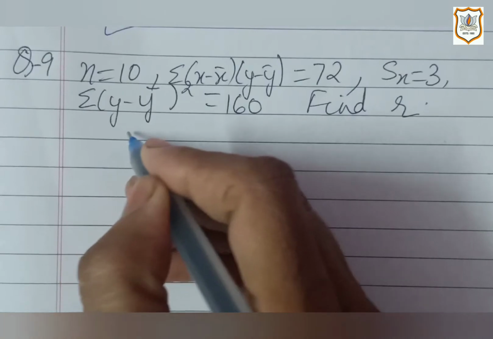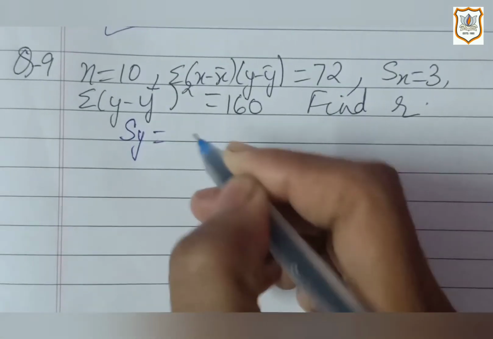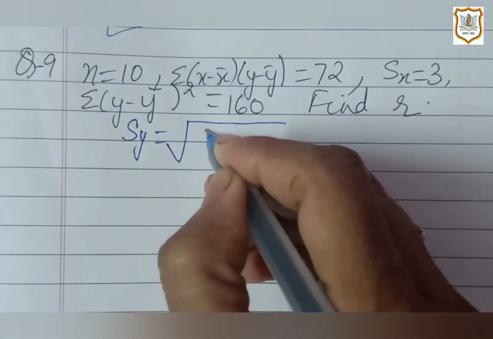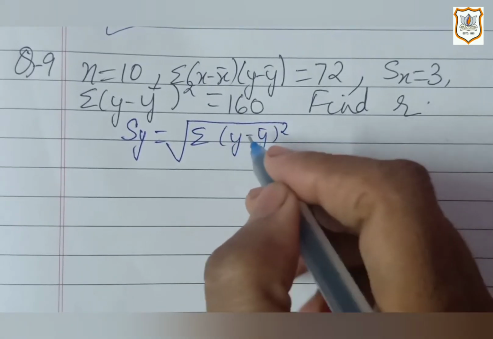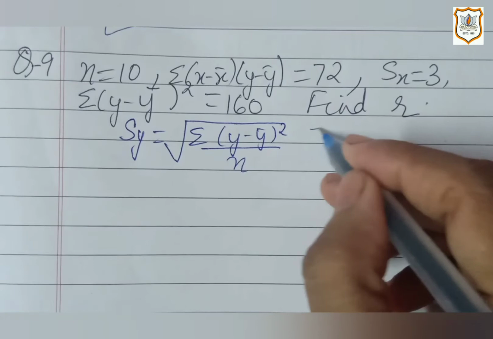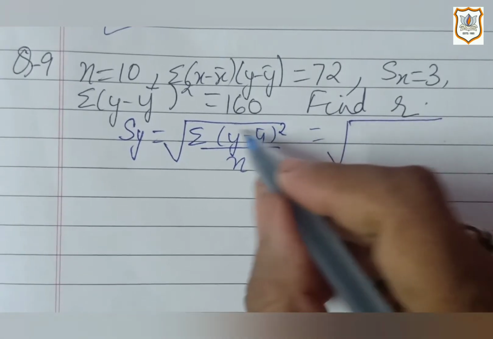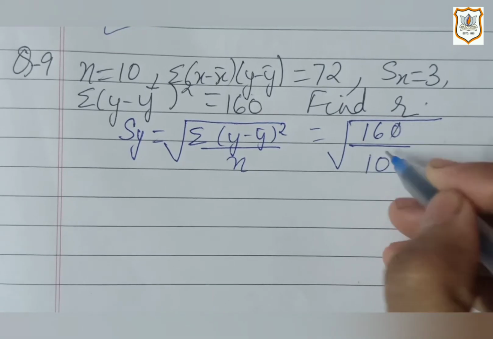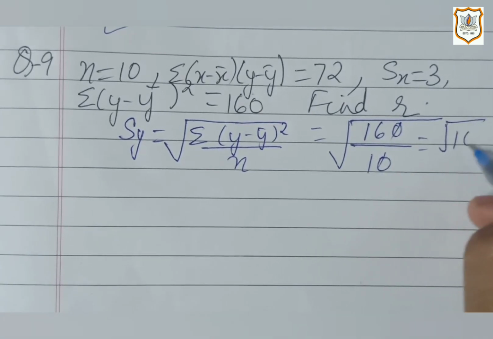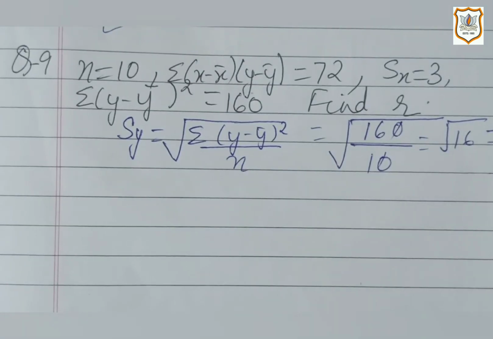First thing is, we know that Sy is equal to under root of sigma y minus y bar the whole square upon n. So this will be under root of 160 divided by 10. So this will be under root of 16. So this will be 4.